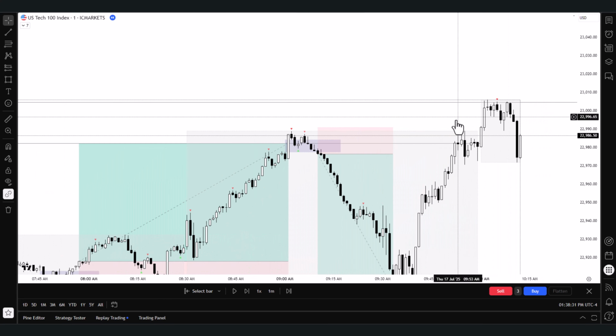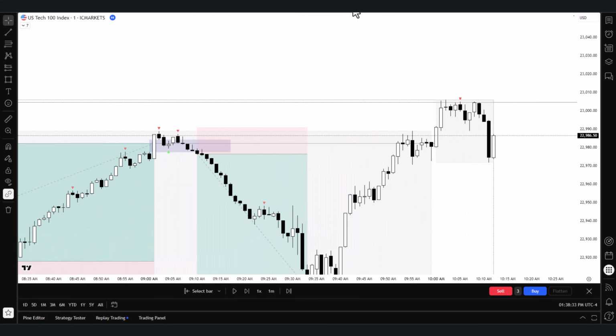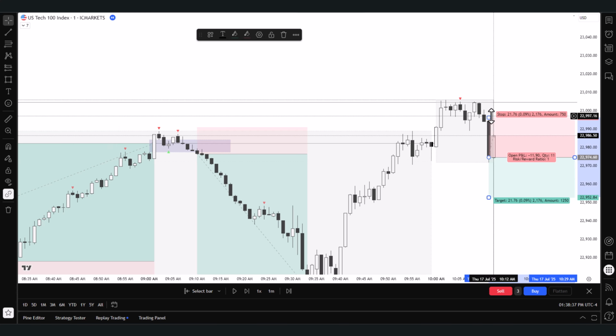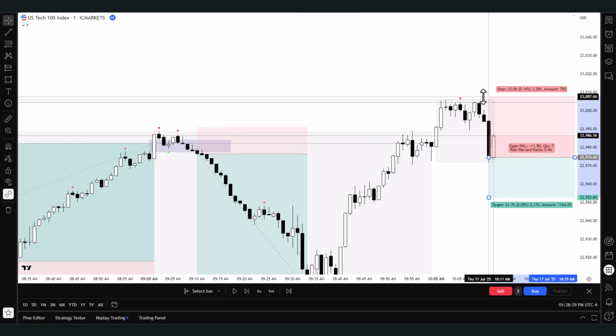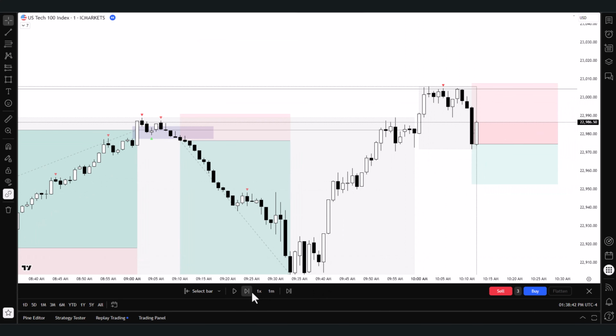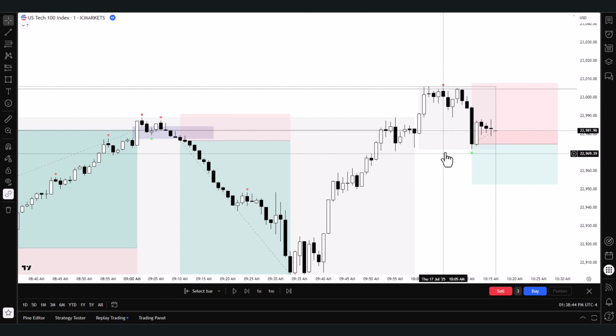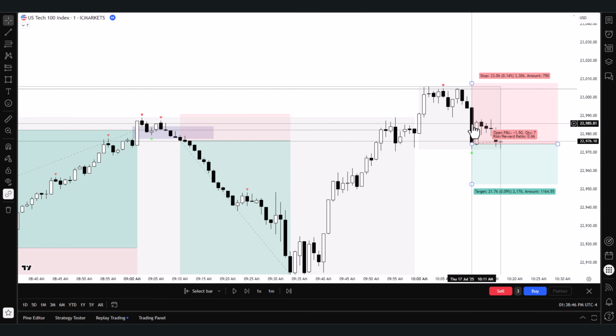Yes, closed inside this range. So we can place an instant order here as well, just above it. And entry was also between macro timing.